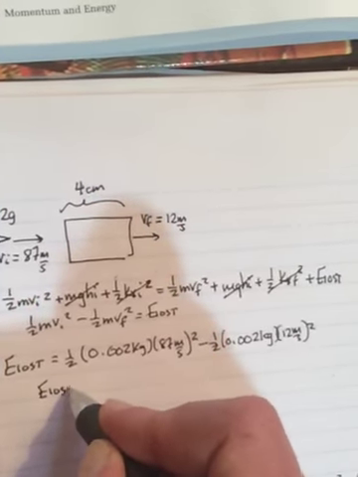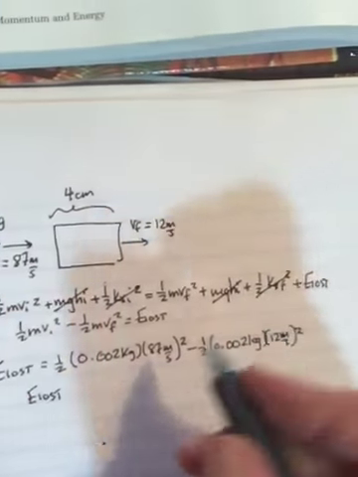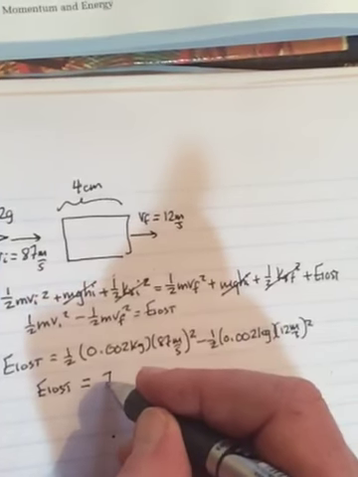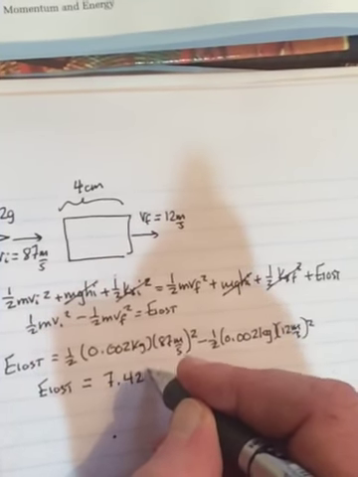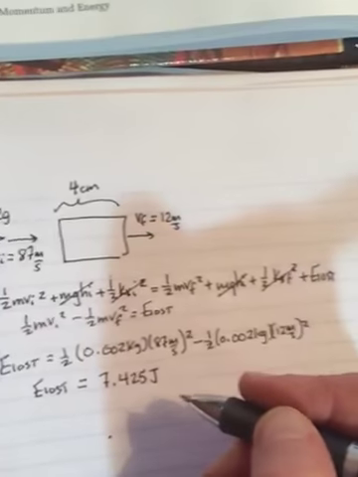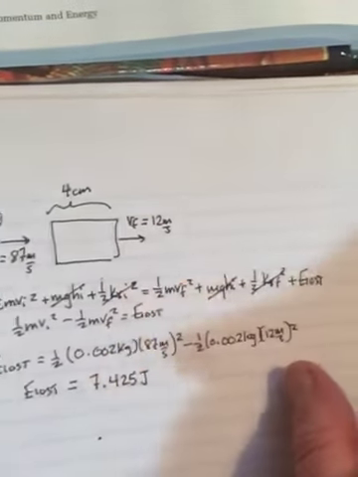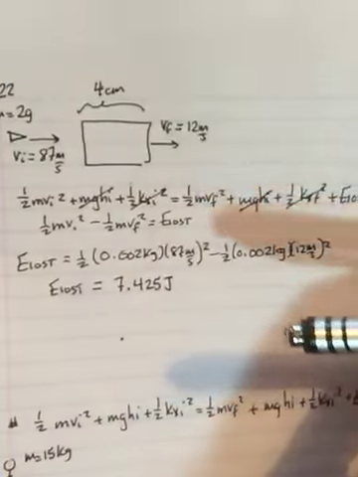And so when you do this, you get an E lost of 7.425 joules. Not that big compared to the roller coasters, but then the bullet's not that big compared to a roller coaster, so that's okay. Okay, so that's the first part.